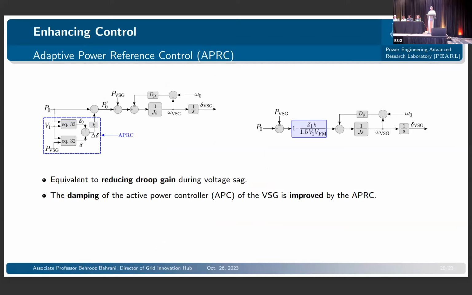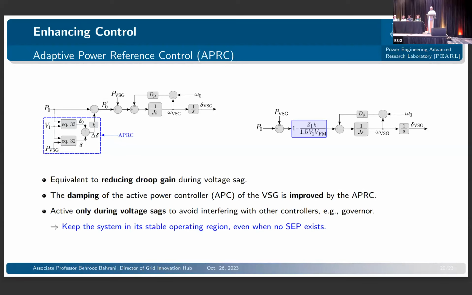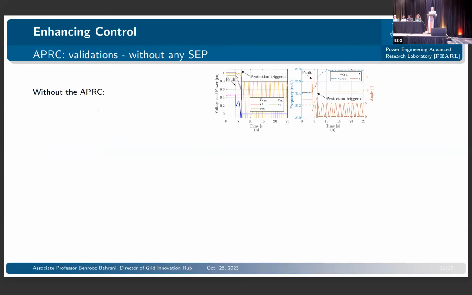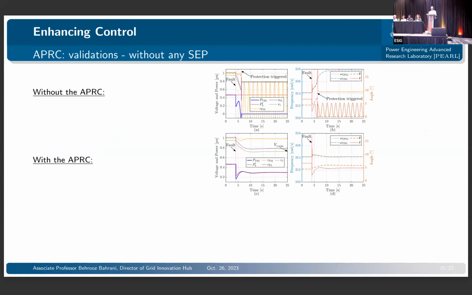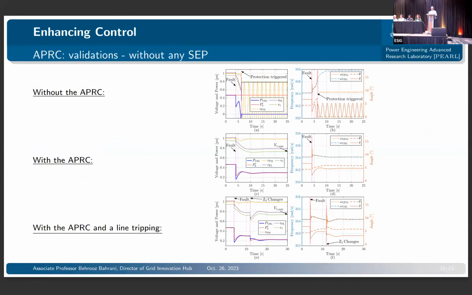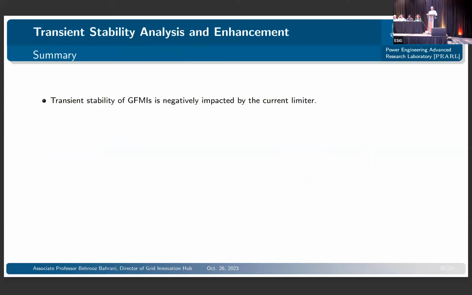Essentially, it will drop the power reference while you go through the fault, and it can very easily recover from the fault. Particularly if you only apply it when you have a voltage sag, it will not interfere with other controllers in the system. This is one scenario. Without APRC, we had an unstable system, and with APRC, we could very easily recover and go back to normal operation after the fault. This is another test scenario when we had a line tripping.